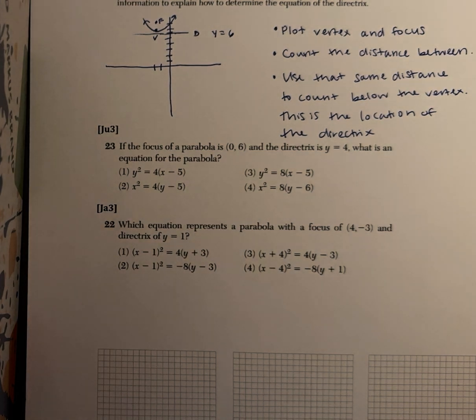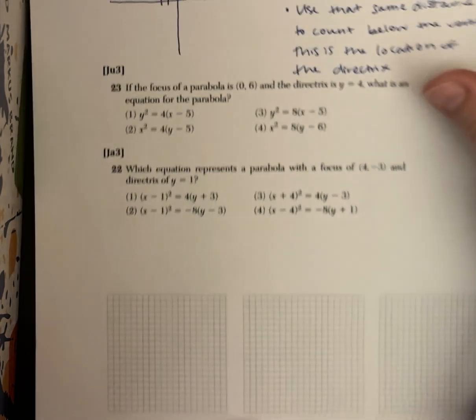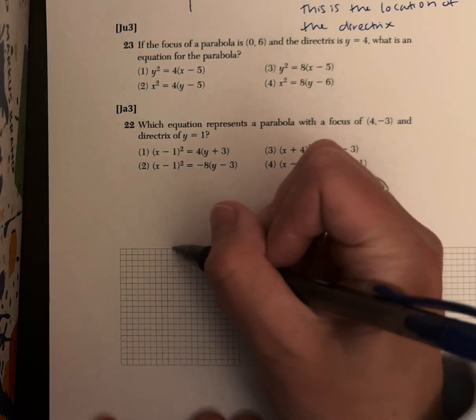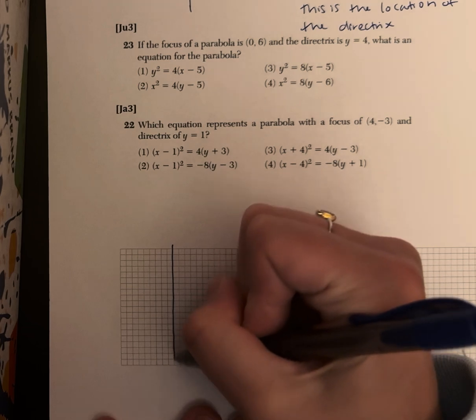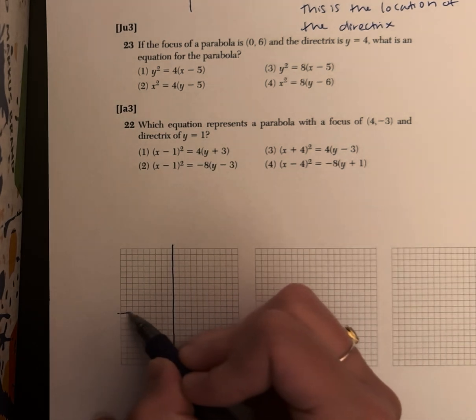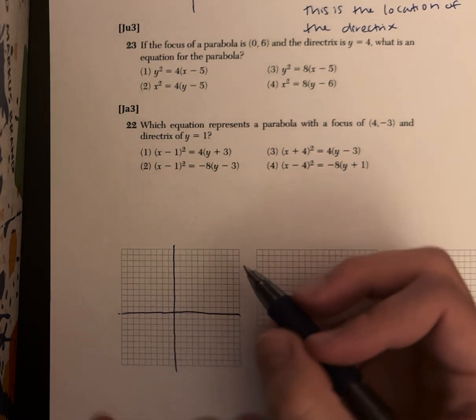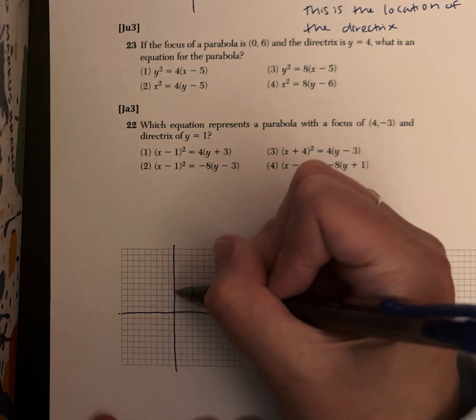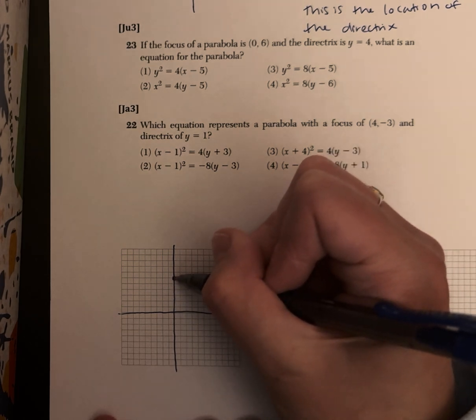All right, this one says, if the focus of a parabola is 0, 6 and the directrix is 4, what is an equation for the parabola? So let's look at this. I'm going to use one of these graph papers. 0, 6, 2, 3, 4, 5, 6.